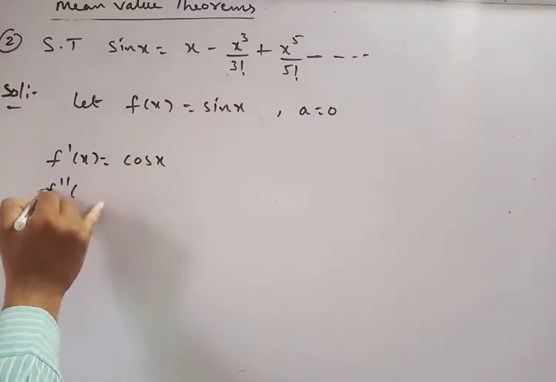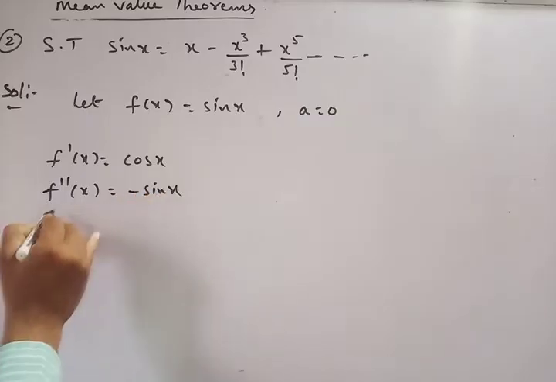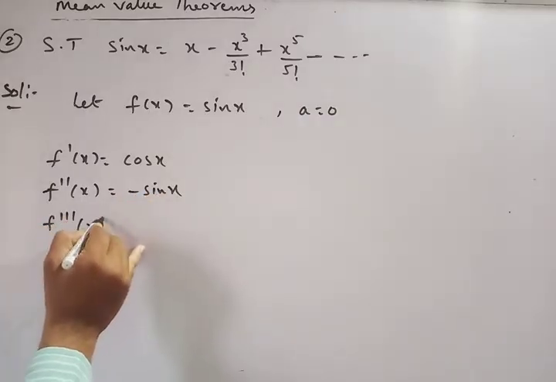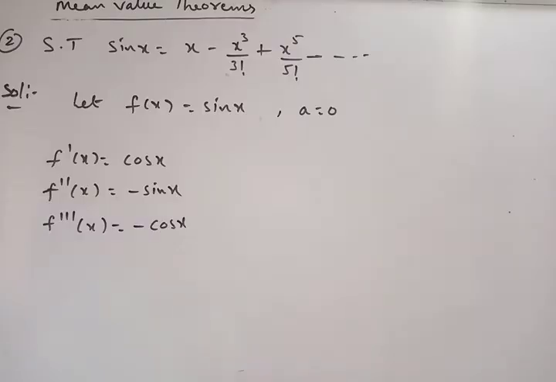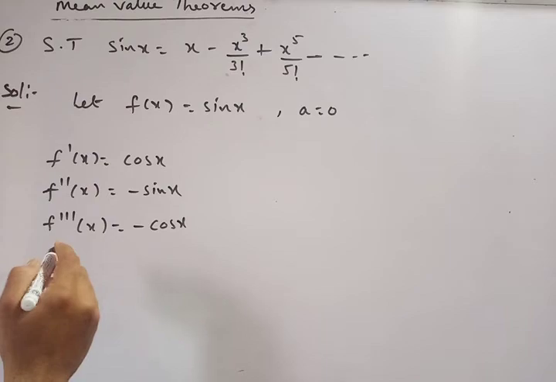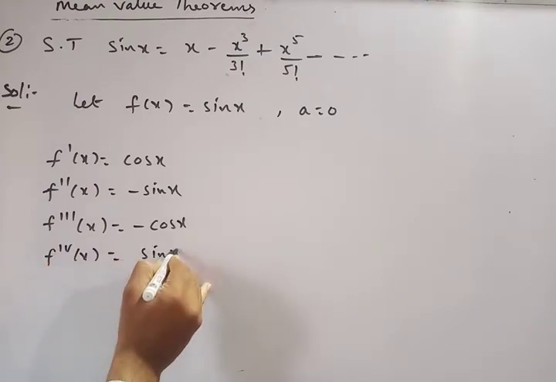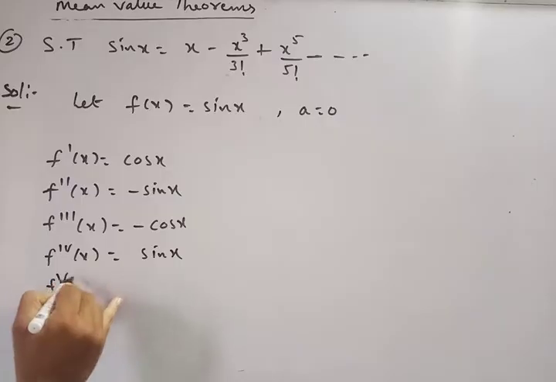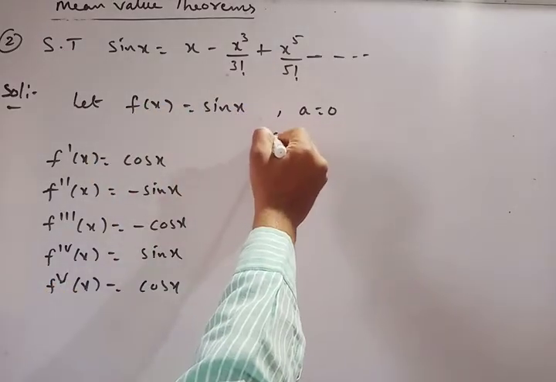Then f double dash of x: cos x gives minus sin x. Similarly f triple dash of x: minus sin x differentiation gives minus cos x. Then f power 4 of x gives plus sin x. F power 5 of x gives cos x, right? Then what is f of a here?